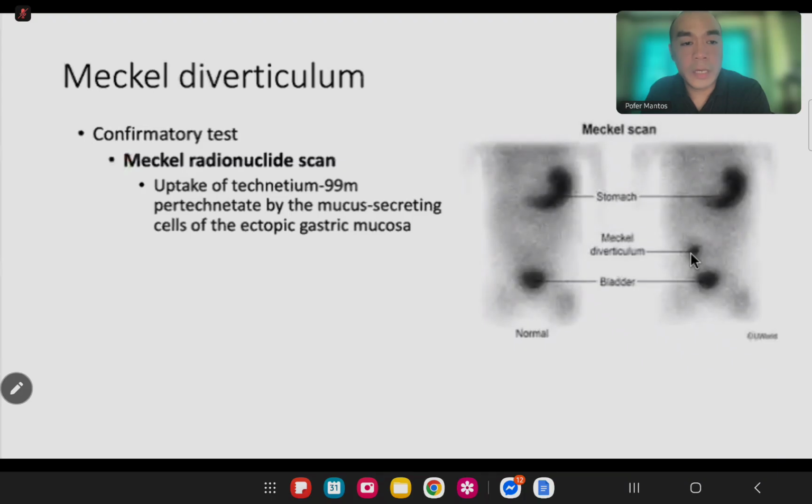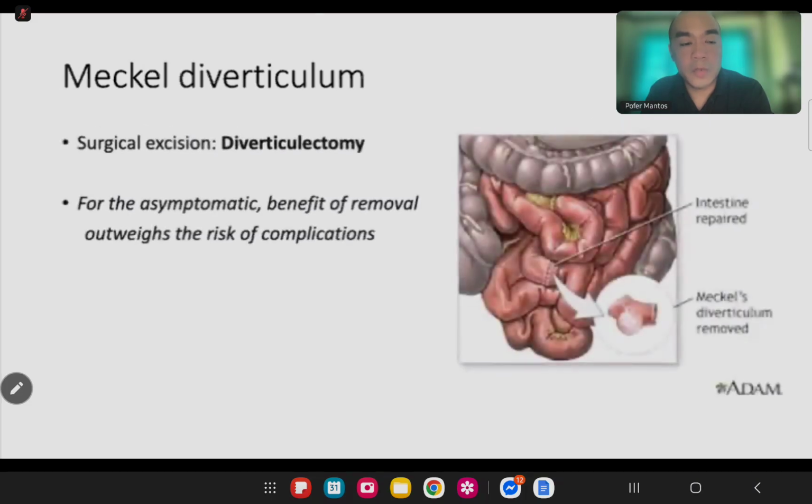So this becomes positive only if the Meckel's diverticulum is rich in gastric mucosa. However, for those with predominant pancreatic mucosa, the Meckel scan may be negative. So that's how you diagnose Meckel's diverticulum.